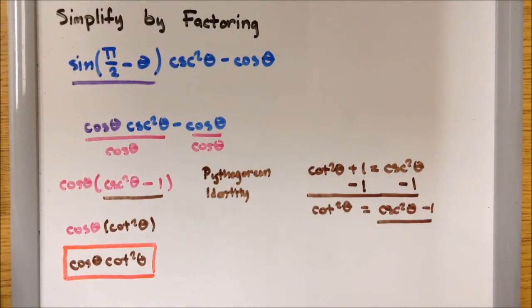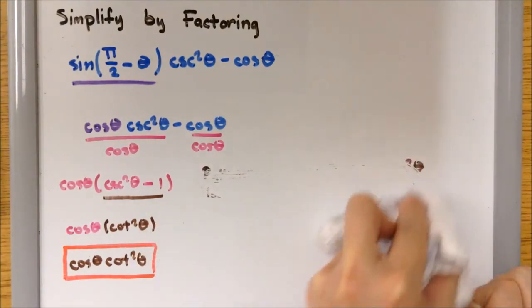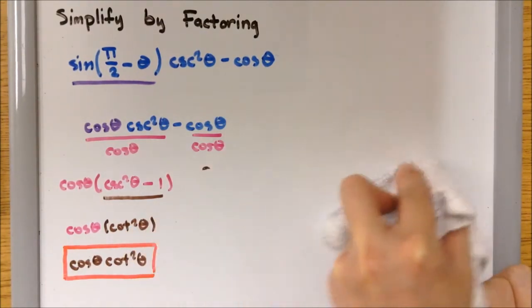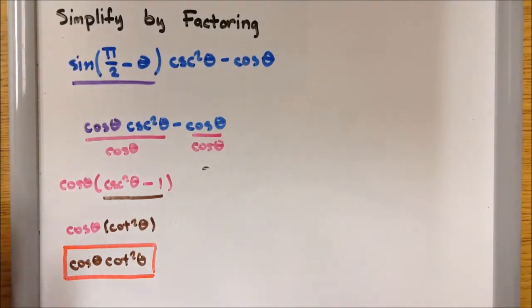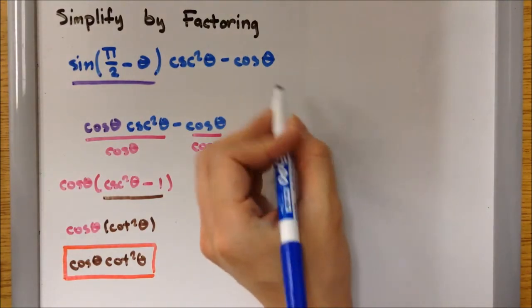Now, if you had a question where it says simplify in terms of sine and cosine, let me make some room. I'm going to erase this. If it asks you to simplify by factoring and in terms of sine and cosine, so I'm going to write the question.